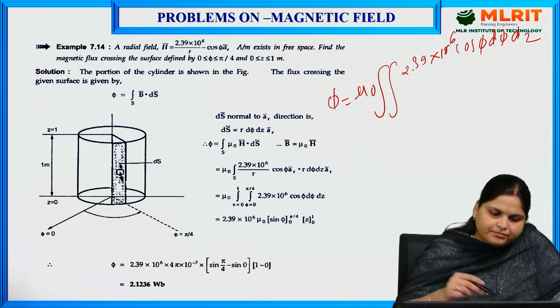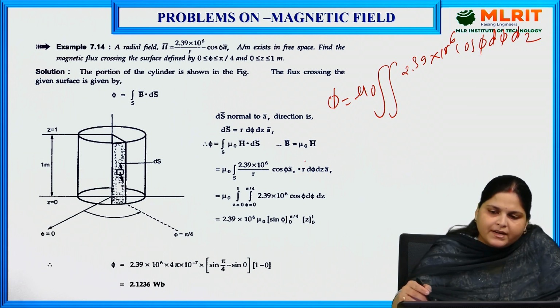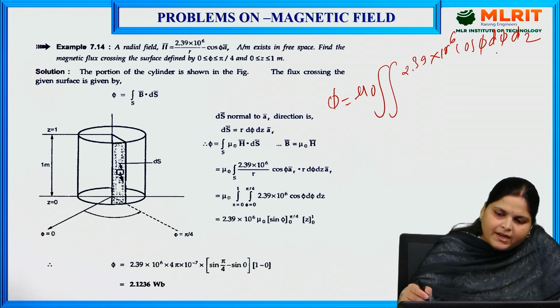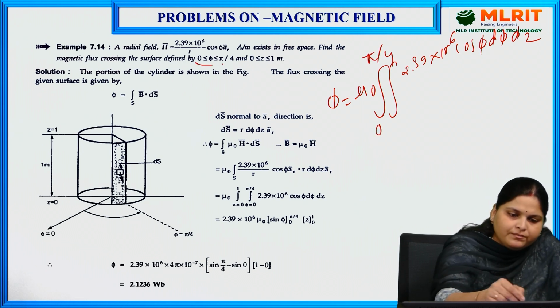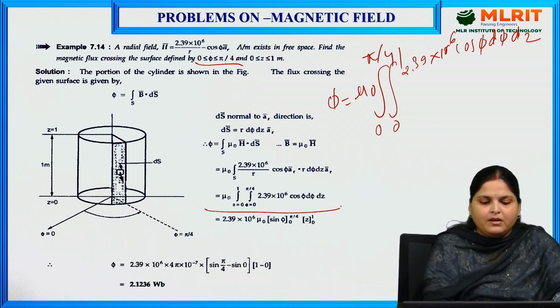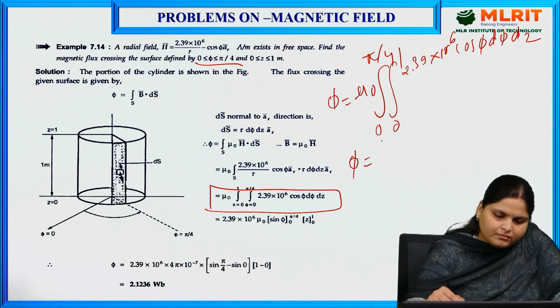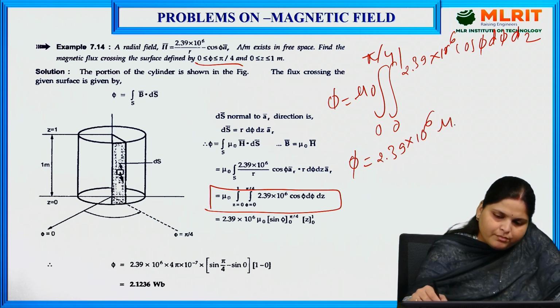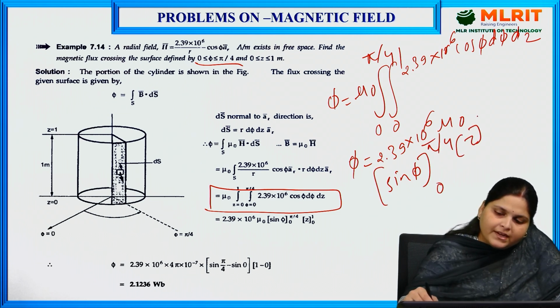Now r and r will get cancelled, so we can remove r, and the limit of d phi will be from 0 to pi by 4 as given in the question, and z is from 0 to 1. By putting these limits we will get 2.39 into 10 to the power 6 mu naught sin phi, with phi from 0 to pi by 4, and z limit 0 to 1.